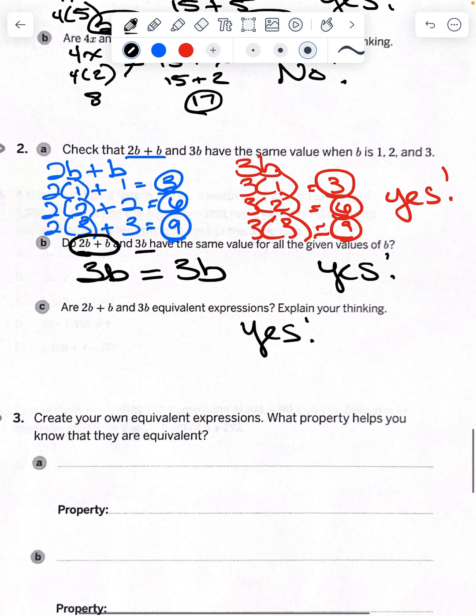Alrighty. Let's look at number 3. Create your own equivalent expression. So we could have, obviously, different answers here. What property helps you know that they are equivalent? Okay, so because they can all be different, I'll just come up with one and then you can see if you can name my property.